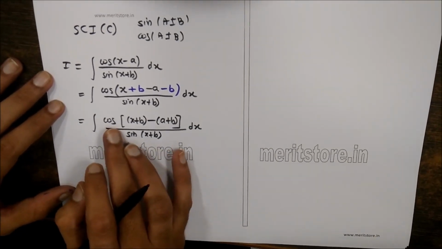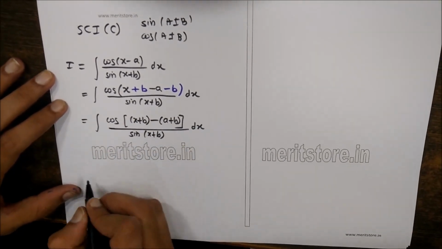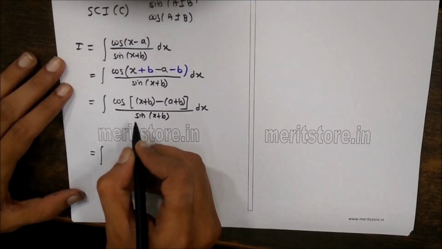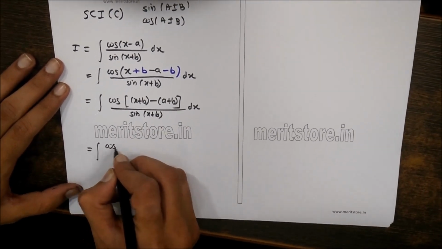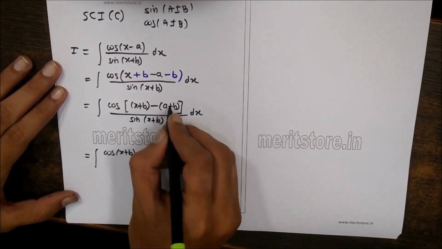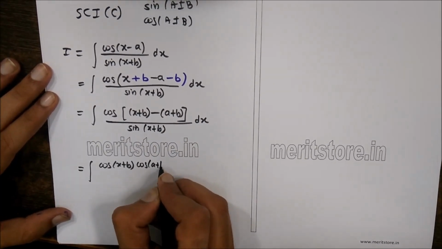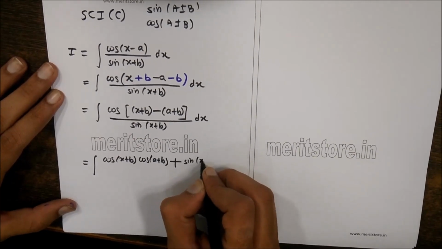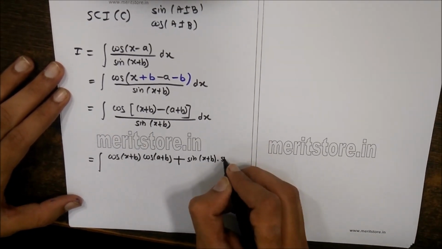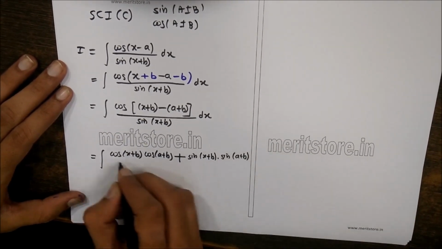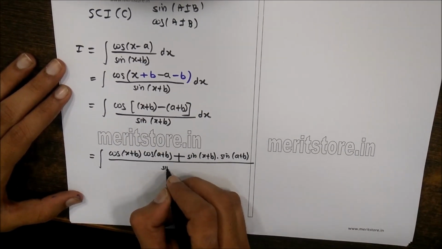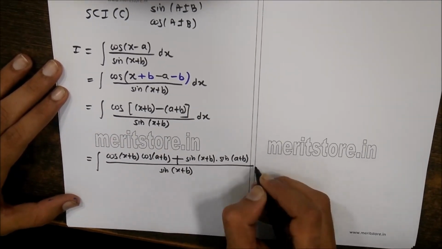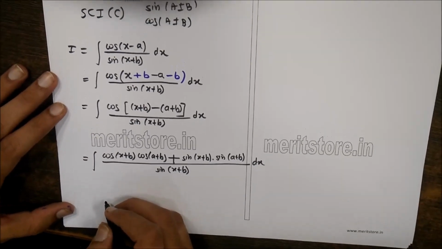Observe, this is of the category cos of a minus b. Applying the formula of cos of a minus b, I have cos a cos b plus sine a sine b upon sine of x plus b dx.